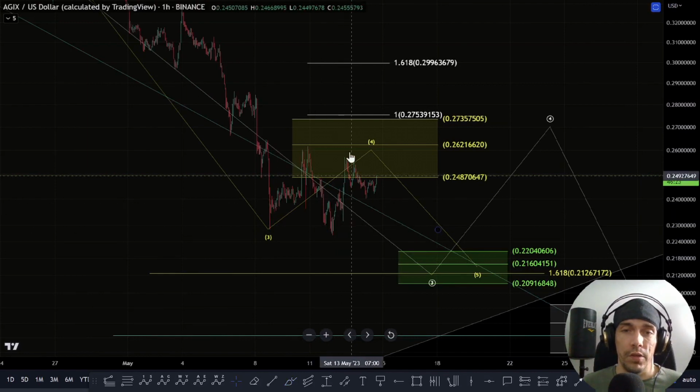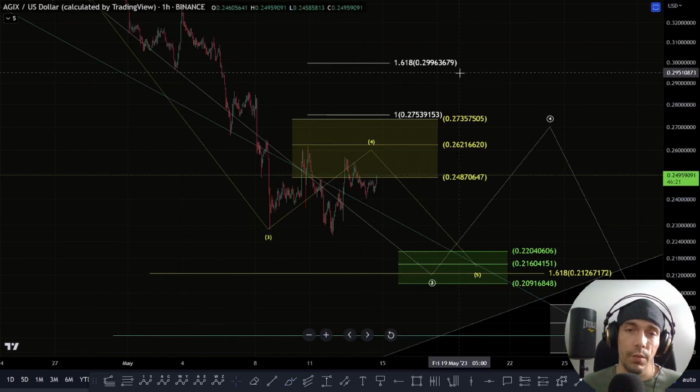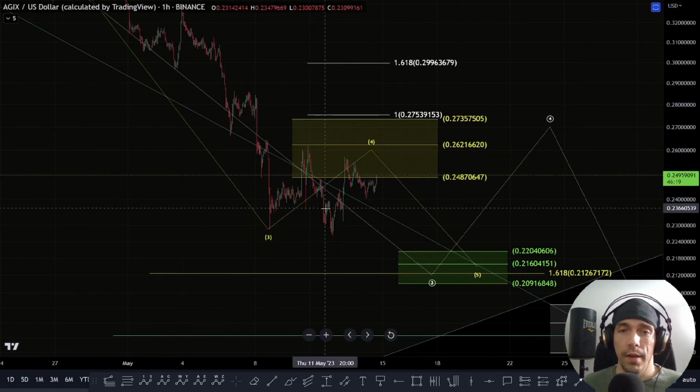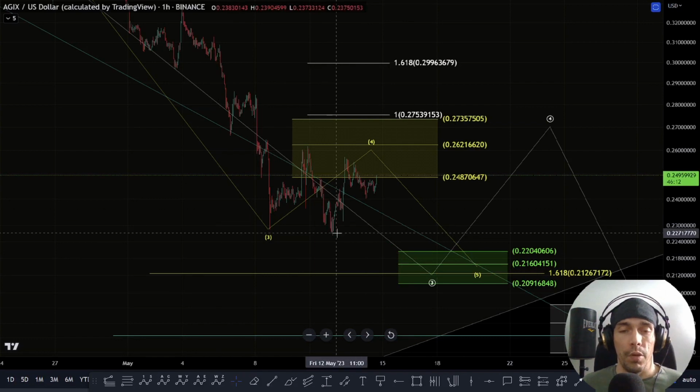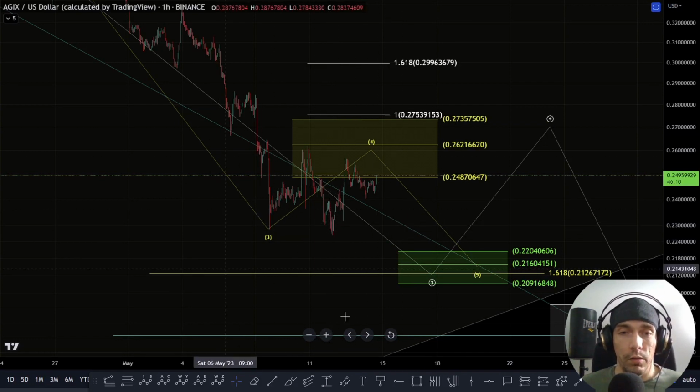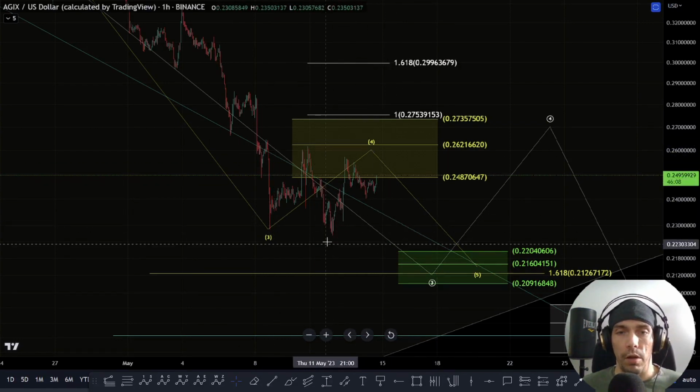Like I said, there is potential that we could see a bullish breakout from here, but it just wouldn't really make sense within the count. It would have completed really in the middle of nowhere. But we've already come down towards the key levels, so we just need to be aware of these things.